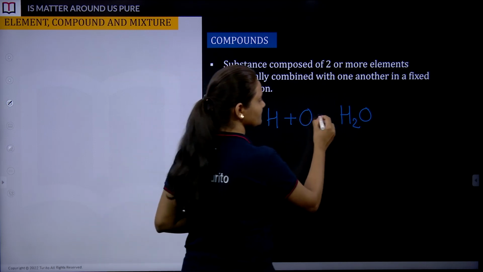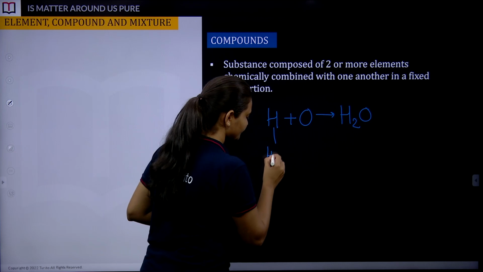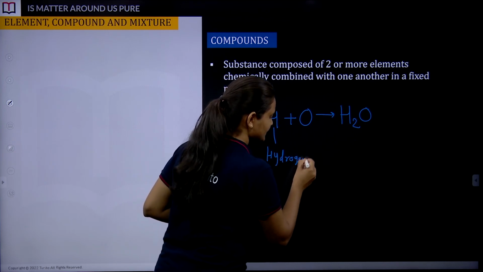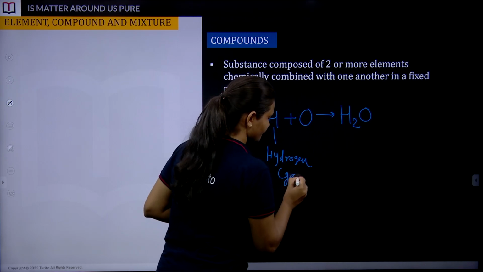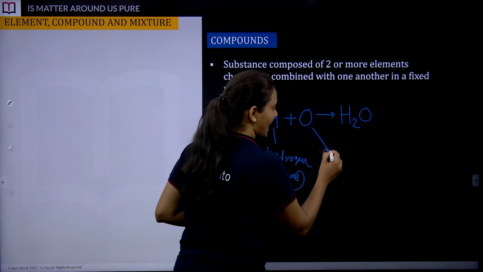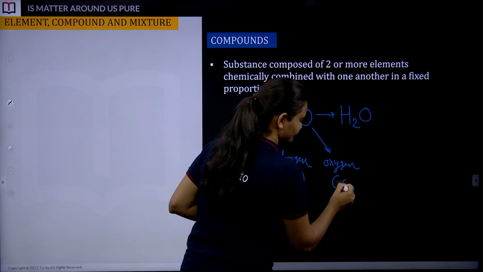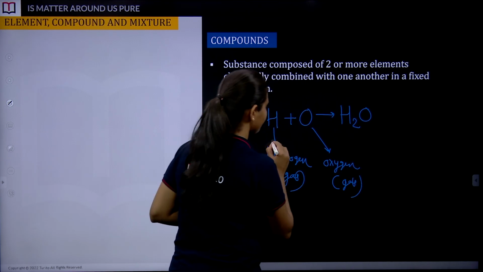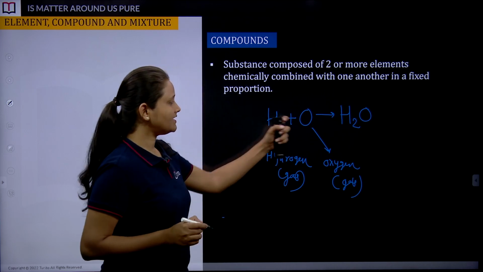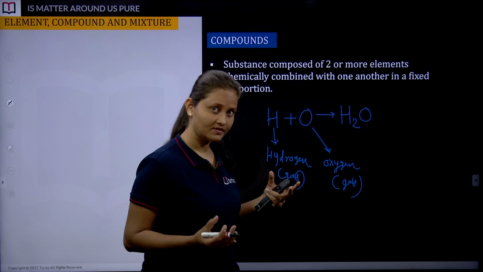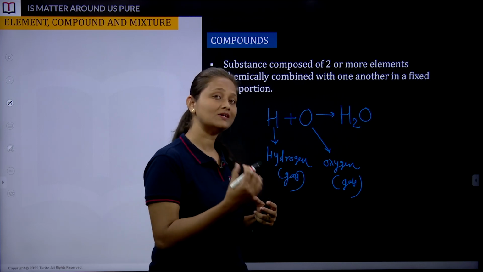Which means this hydrogen, which is a gas, is reacting with oxygen, which is again a gas, correct? These two substances, these two pure substances, I am emphasizing the words pure substances.